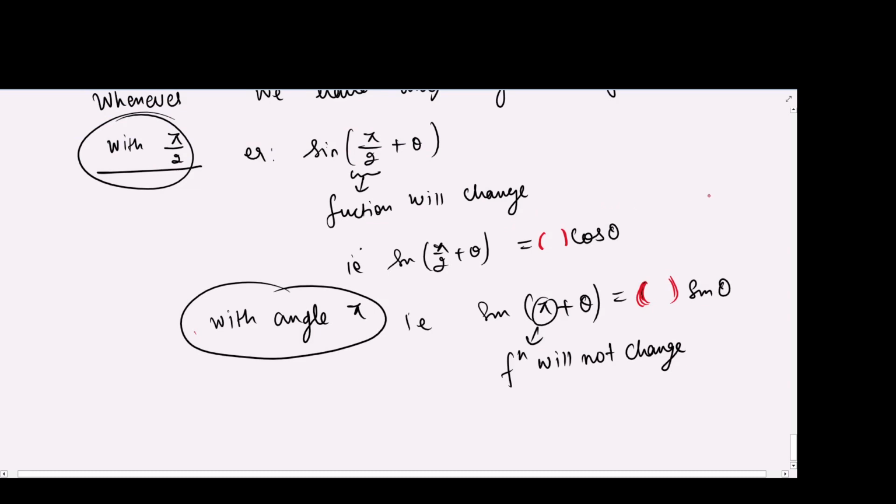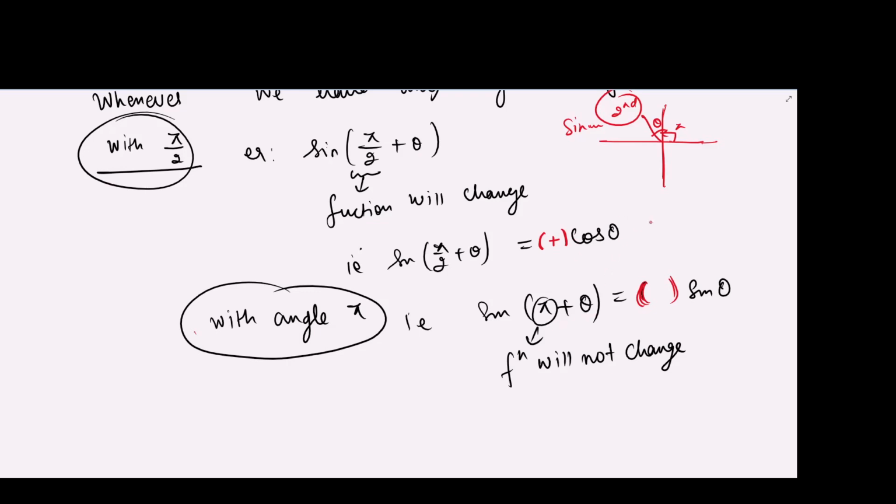So we have sin(pi/2 plus theta). We will go from the initial side to the terminal side. First we count pi by 2, then plus theta, so this is the second quadrant. In the second quadrant sine is positive, so there will be a positive sign.